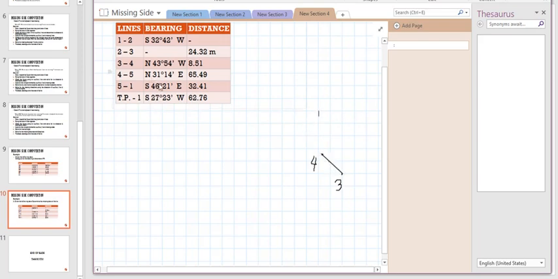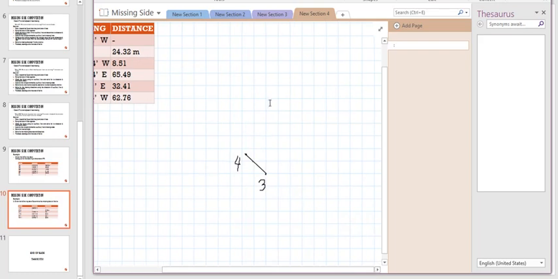Then 4 to 5 is northeast, 3165.49, so a bit longer. Let's say this is line 5, 31 degrees.